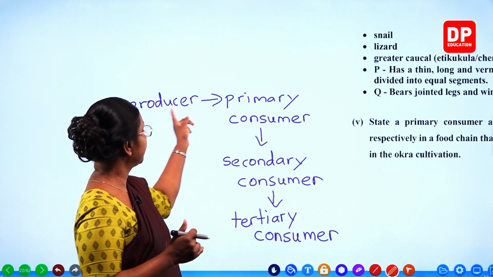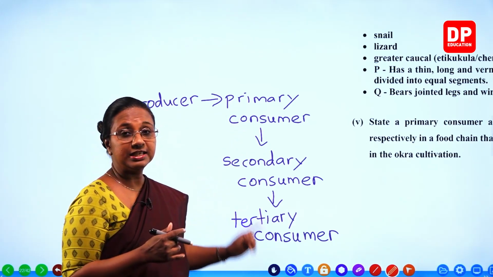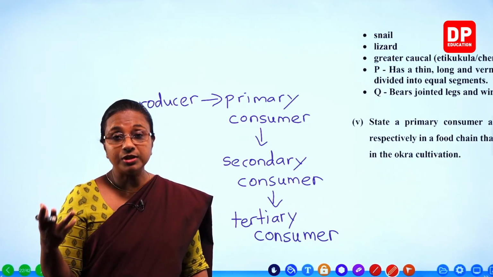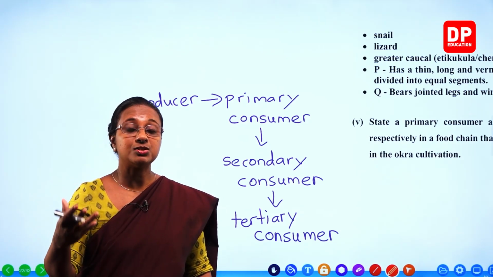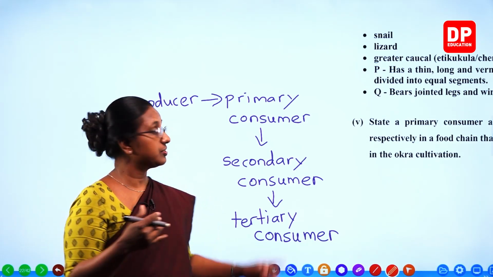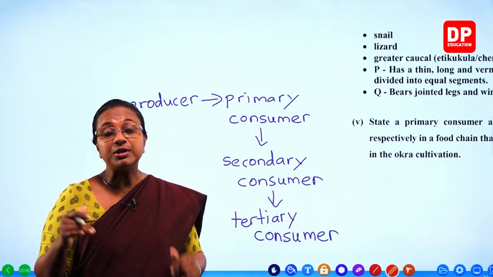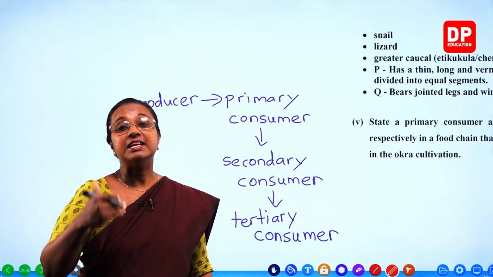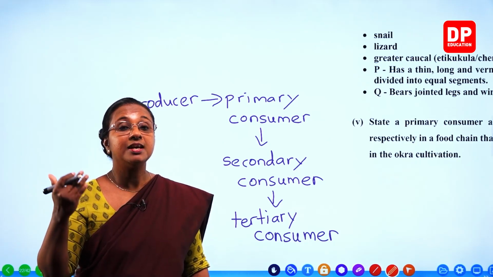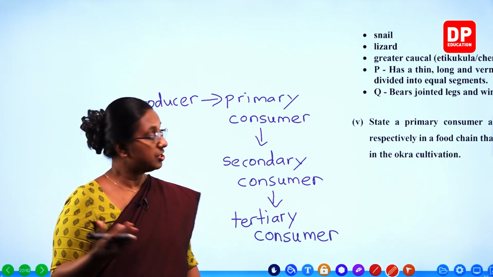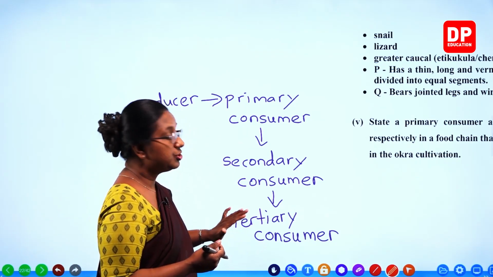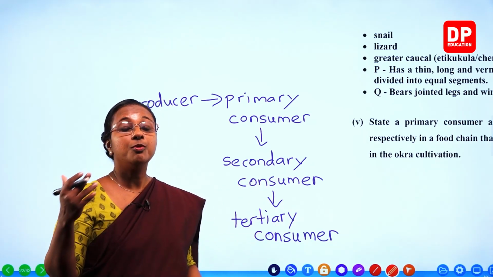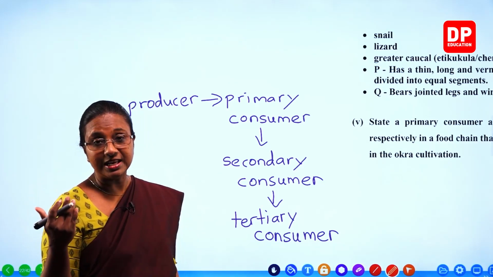When energy is transferred from one trophic level to the other, about 90% of the energy is lost due to the growth, development as well as excretion and metabolic processes of the organism. About 90% of the energy is dissipated. So, because of that, the next trophic level only gets 10% of the energy. Therefore, food chains with 4 links or 3 links are very efficient. More than that is usually not very efficient.